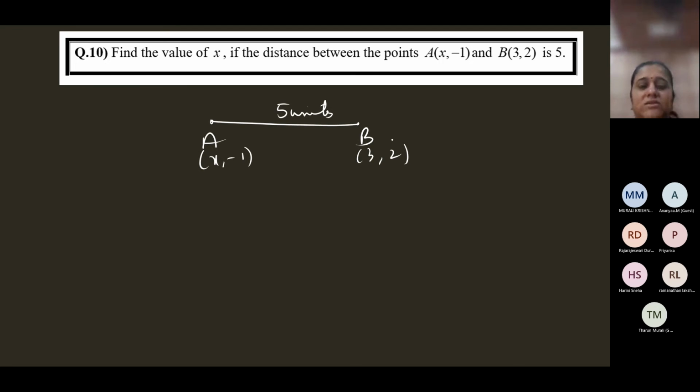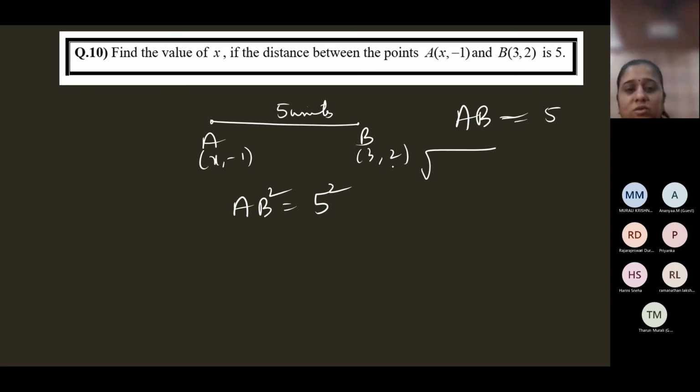So just draw a figure like this. What is given? AB is equal to 5 is given. That's enough. How do you find AB? You can even square this: you can write AB square is equal to 5 square, AB square is equal to 25. You can also do that. If you write AB is equal to 5, how do you find the length of a line segment?